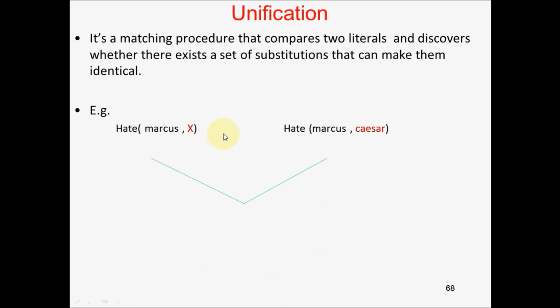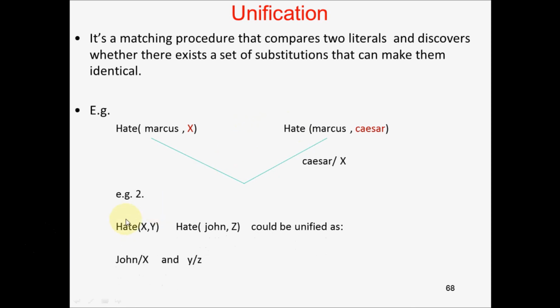It will try to get the substitution called theta, which when substituted, both the terms will become the same. So the substitution is: if X is replaced by Caesar, then both these terms can be unified. That means they can be the same. So this is the unification algorithm.